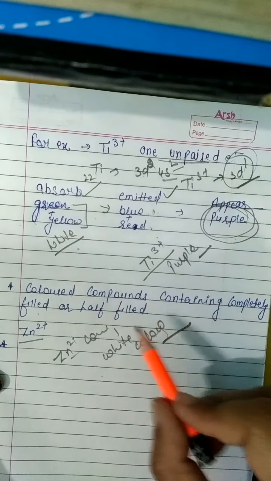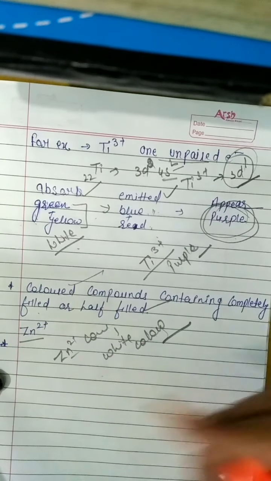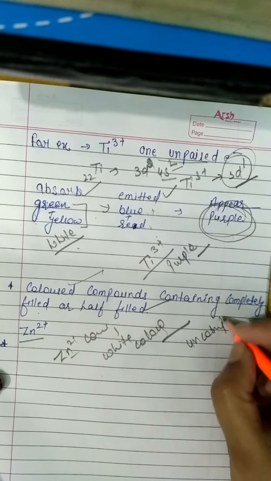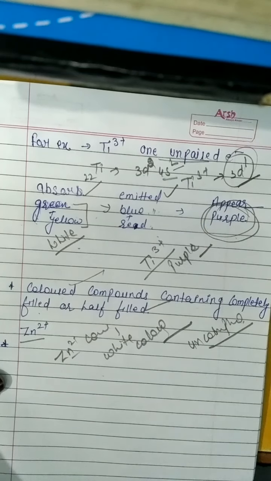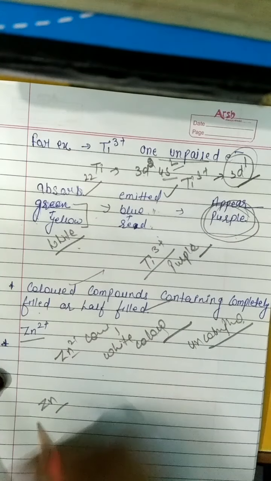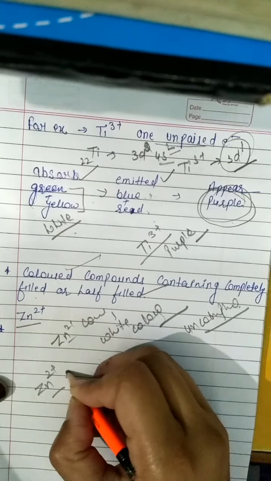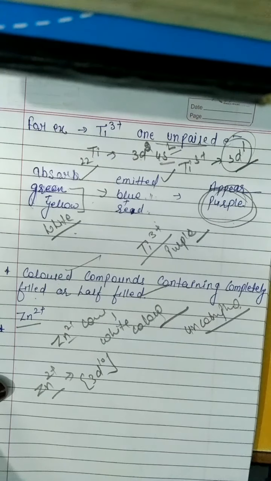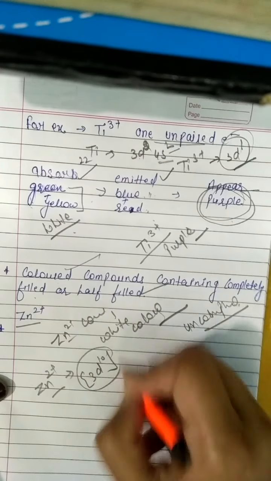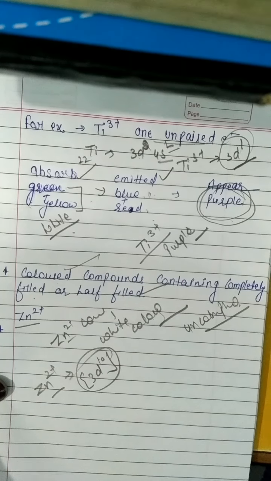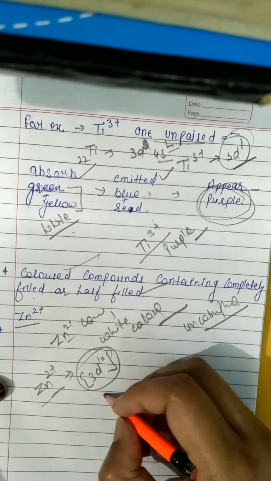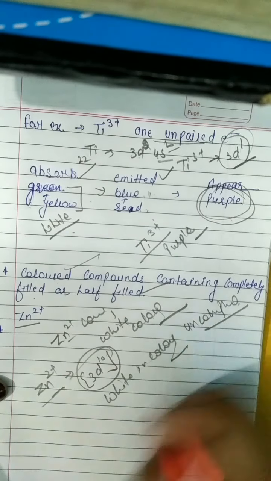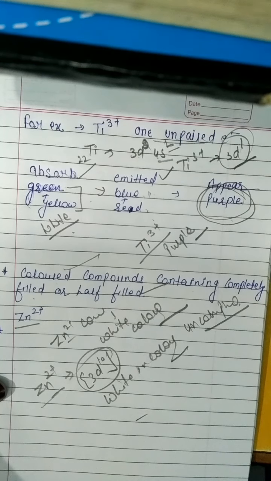A colored compound is half-filled, or we say incomplete; only the incomplete orbital shows color. In the case of zinc 2 positive, that is 3d10, the d orbital is fully filled. So that's why zinc 2 positive is white in color. It does not show any color.